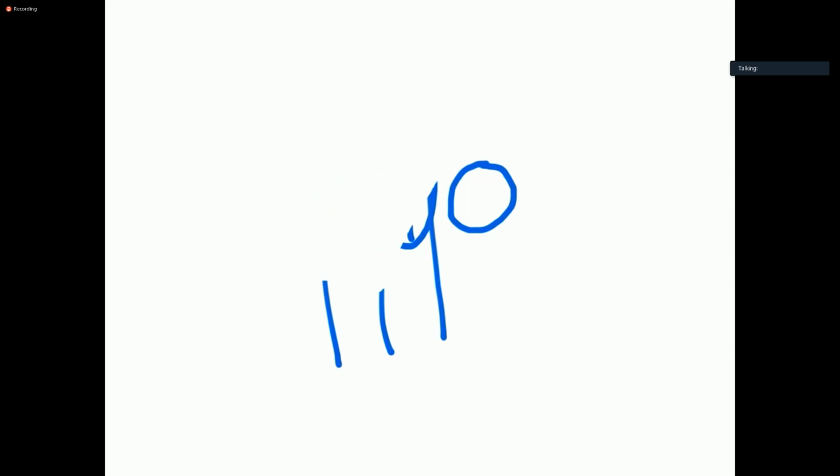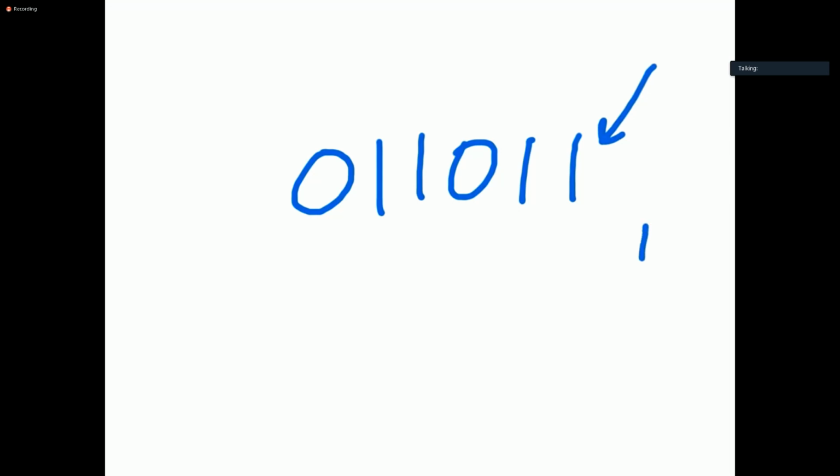Let's do another example. So, I'm going to write out a more complicated example here. Okay, so what about this? All we do is add together the place values that have a 1 in them. So we have the 1's place, that means we have 1. We have the 2's place. We don't have anything in the 4's place, so we can ignore that.